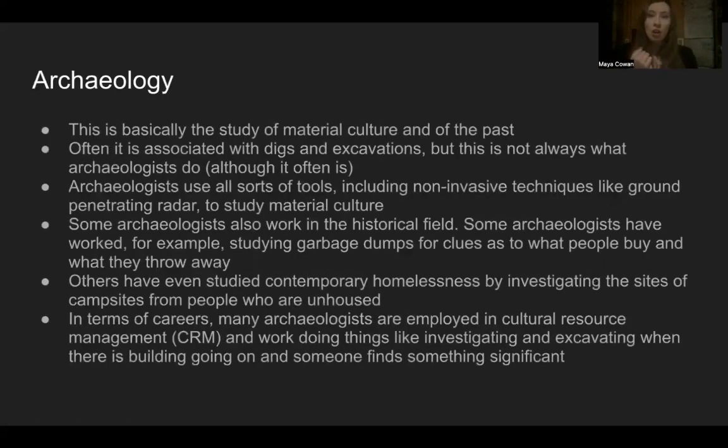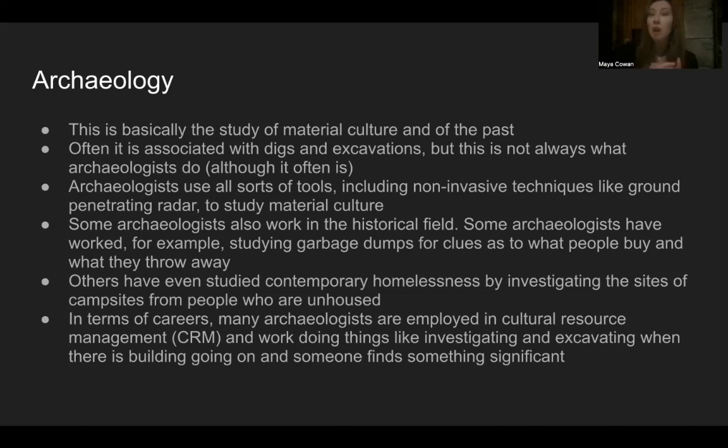To get a little bit deeper into archaeology, as I said, it's a study of our material culture and of our past. You probably have a sense that archaeologists go out into the field, do digs and excavations, and use their little trowels. That is a lot of what archaeologists do, but it's not always super encompassing of the field.